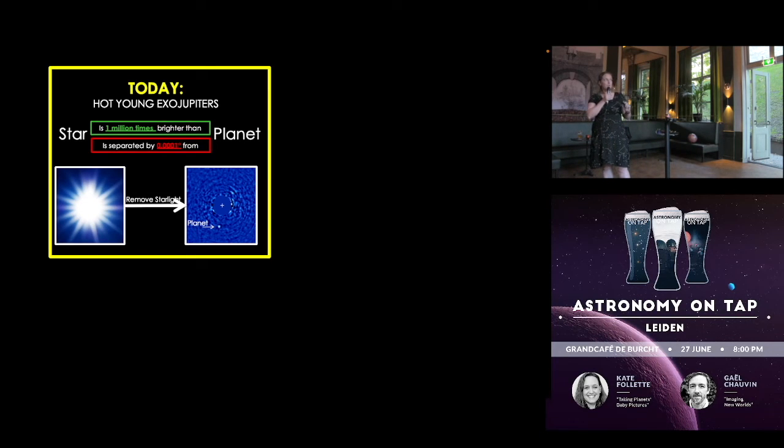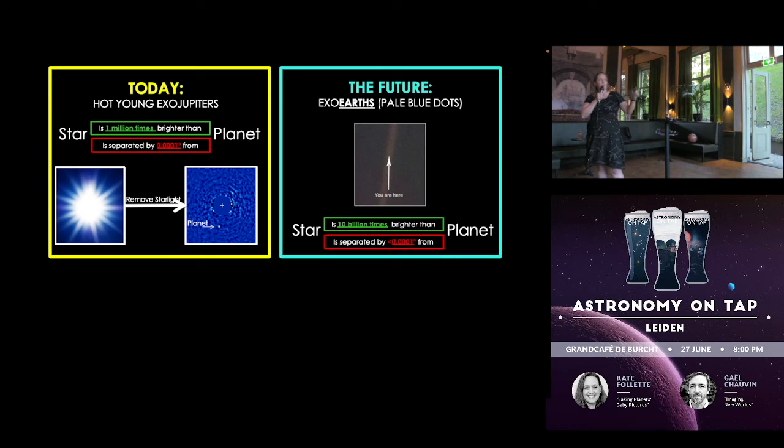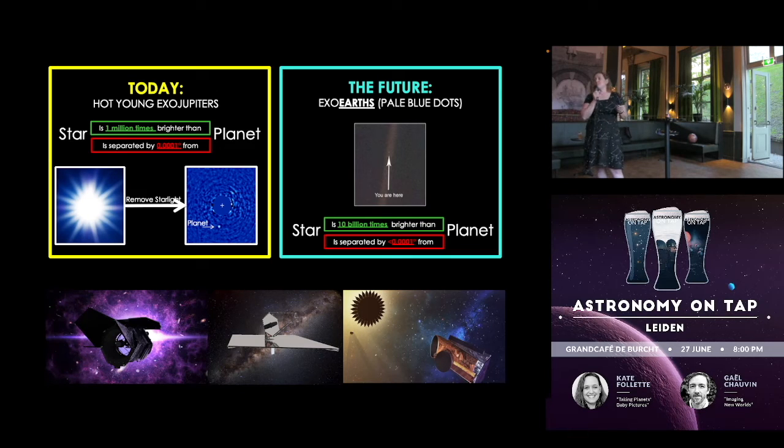So what are we doing right now? We're imaging hot young exo-Jupiters that are 1 million times brighter than their star and very tightly separated from it. In the future, we should be able to improve that by 4 orders of magnitude to get reflected light, Earth-like planets, with not too distant future telescopes, including some of the concepts that were recommended in the US by the most recent decadal survey of astronomy.